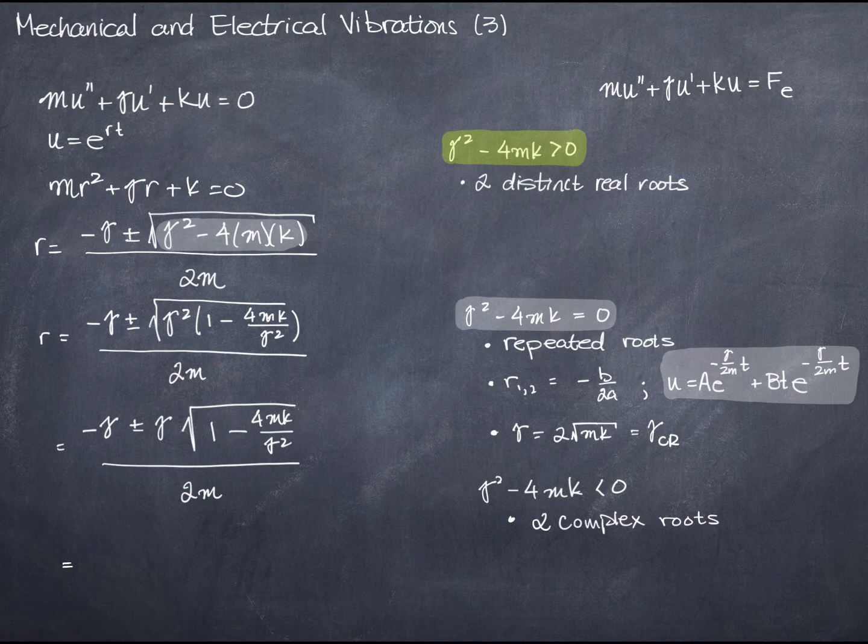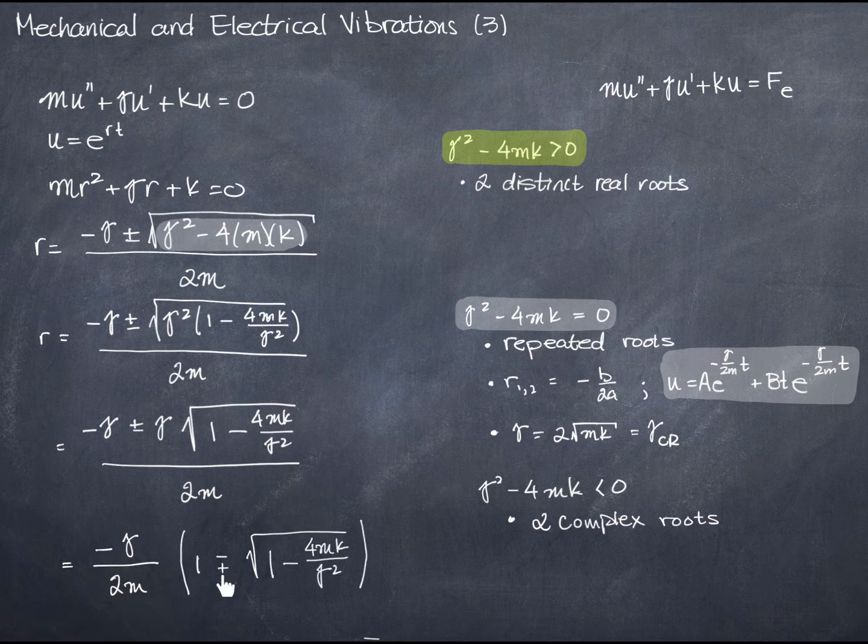And then I can factor out that gamma. Let's factor out negative gamma. And let's factor out the 2m while we're at it. That leaves me with 1 minus or plus the square root of 1 minus 4mk over gamma squared.